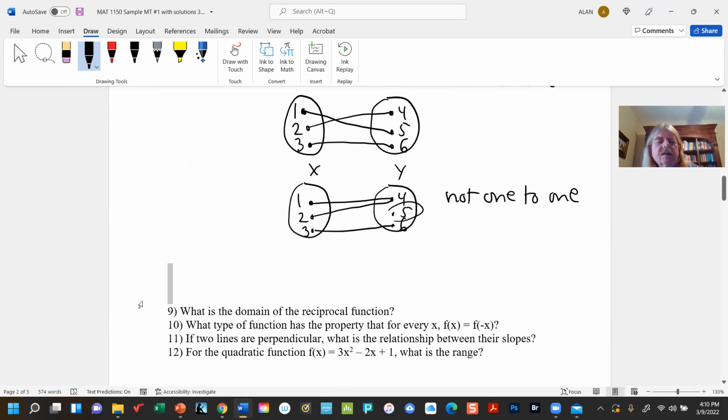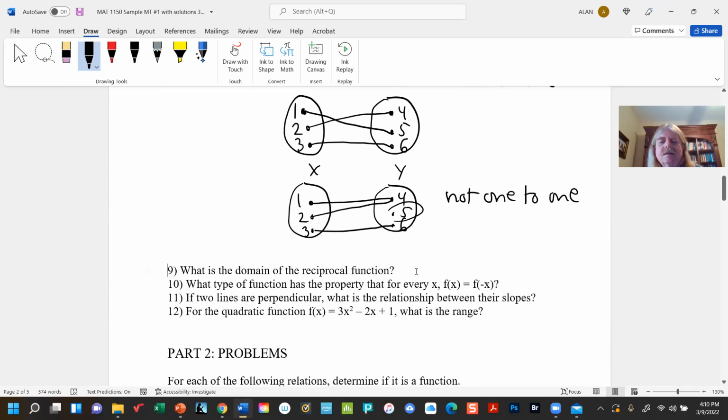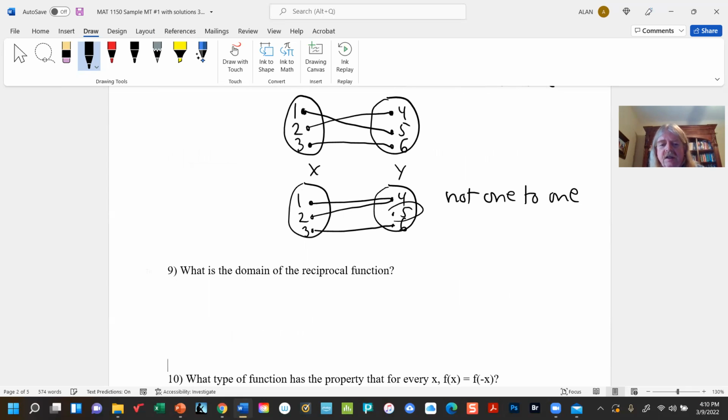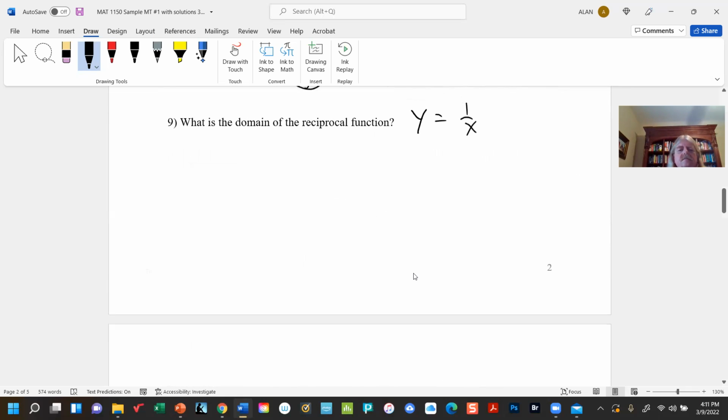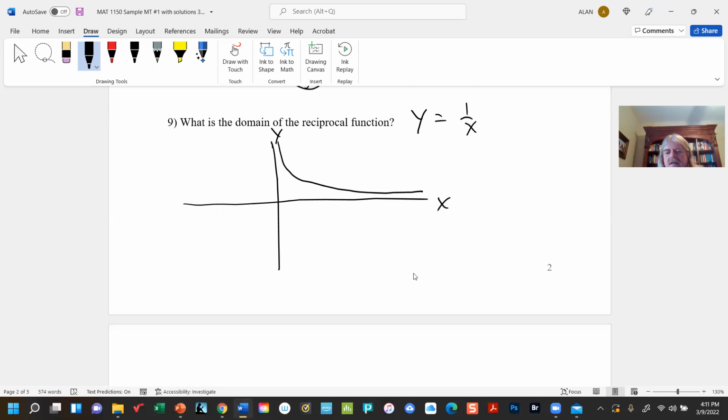By the way, if you get stuck explaining this in English, you can certainly draw a picture. Now, the reciprocal function is y equals 1 over x. So what does that thing look like? Well, remember, as x gets larger, y gets smaller. If x is negative, y is also negative.